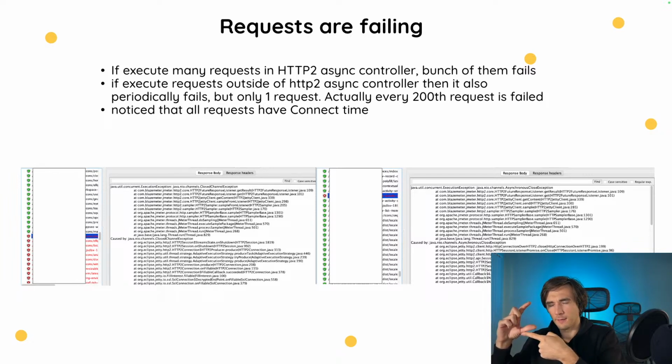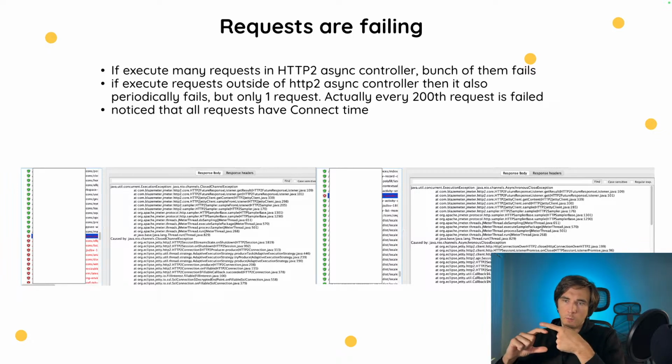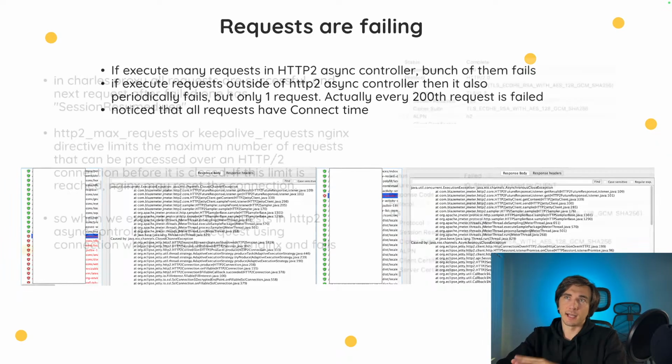Yes, it will fail, unfortunately, but still we have 200 requests executed, one request which failed, and then one more async controller with 50 requests. So generally we'll have 250. They will not all be processed in parallel, but still you will not have 50 requests failed. So that's the first problem.